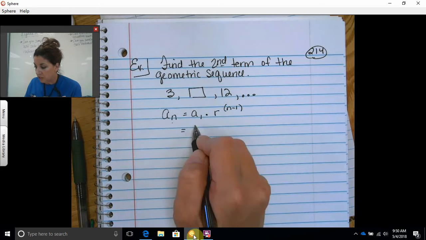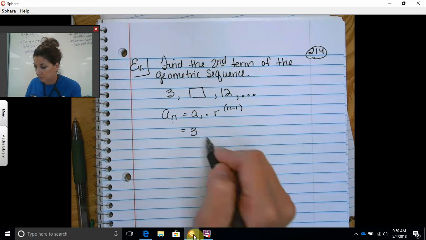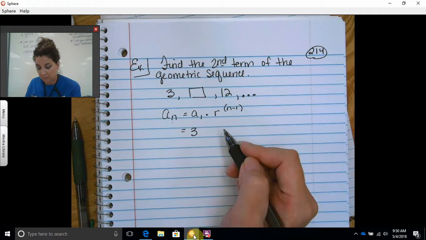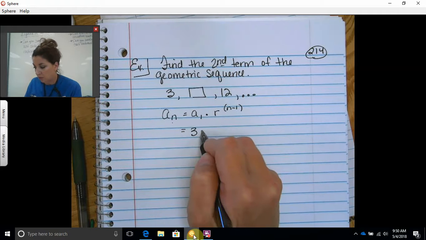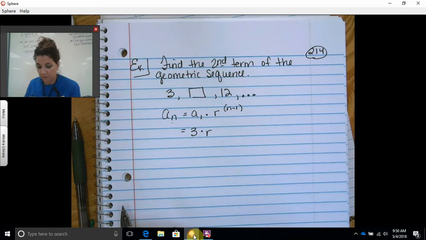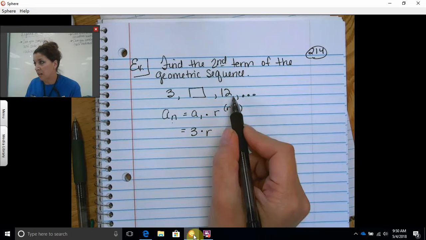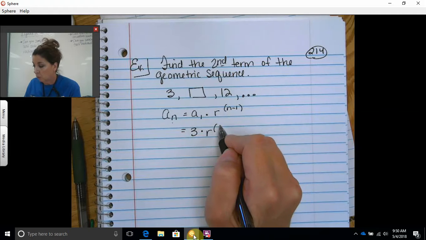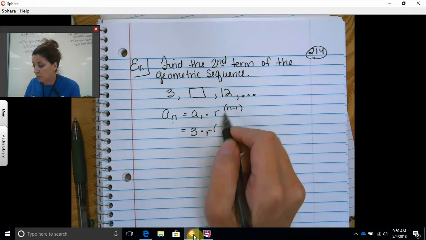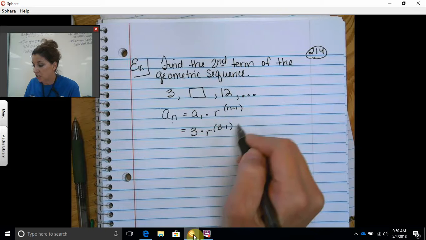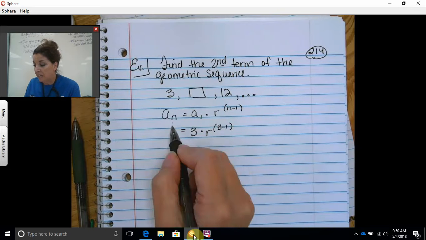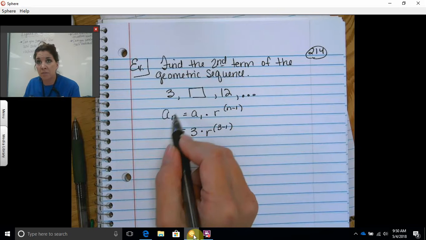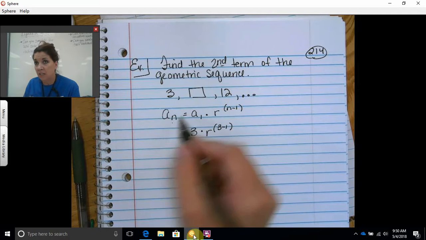We know our first term is 3, right? We don't know what the common ratio is. We know the third term is 12. So for n, we'll use the 3. N's our term number. A sub n is talking about the third term, so a sub 3.